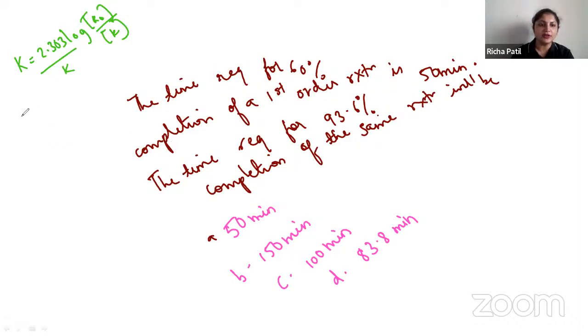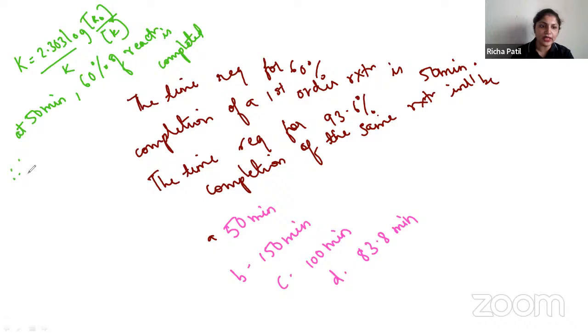So at 50 minutes, 60% of the reaction is completed. This is given for us.